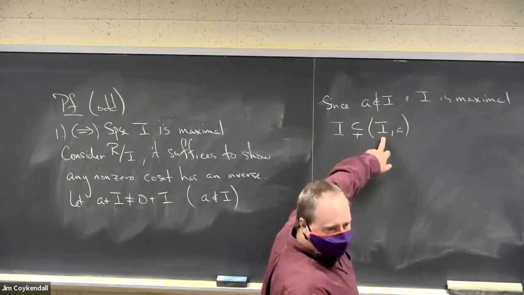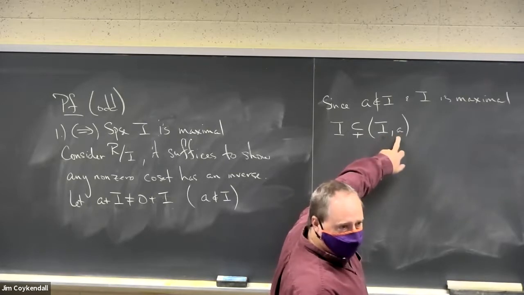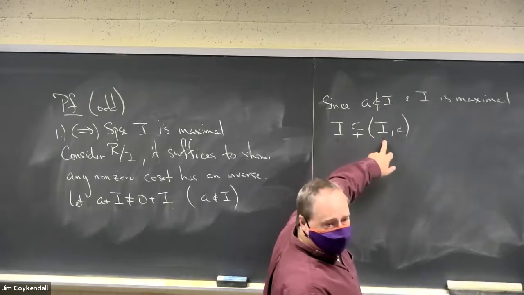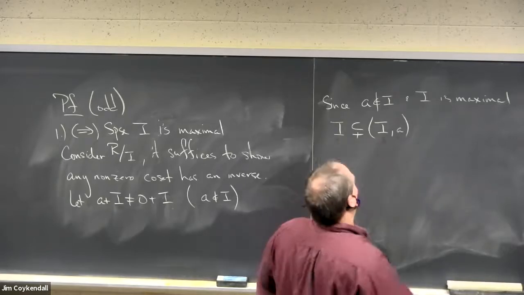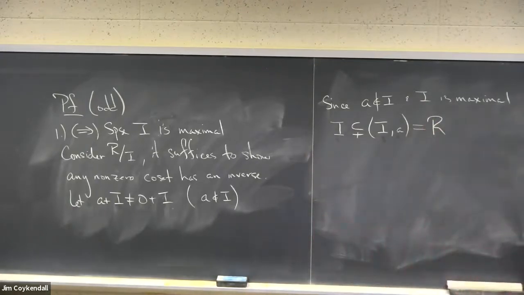This means the smallest ideal that contains all of I and also a. Now, a is not in I, so this is honest to goodness bigger. Right? And since I is maximal, if it's honest to goodness bigger, it has to be all of R. Everybody okie dokie so far?